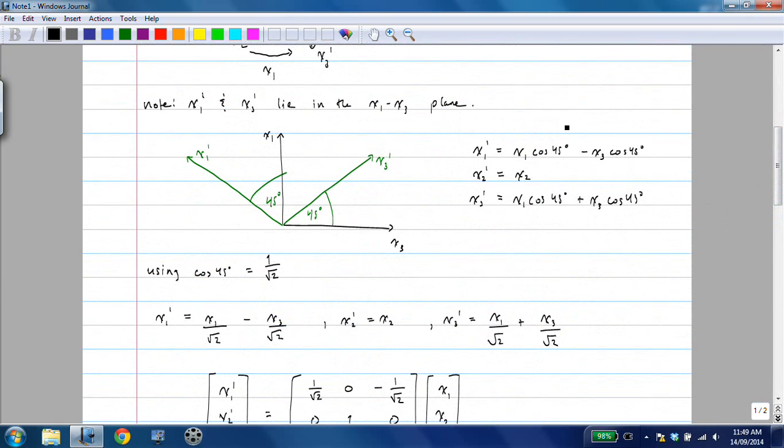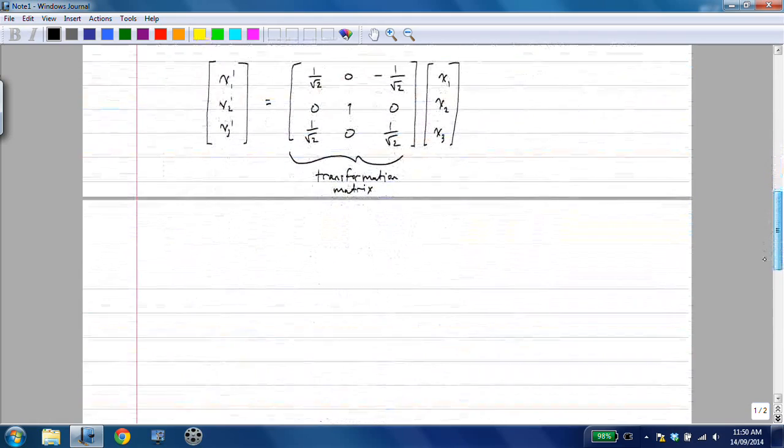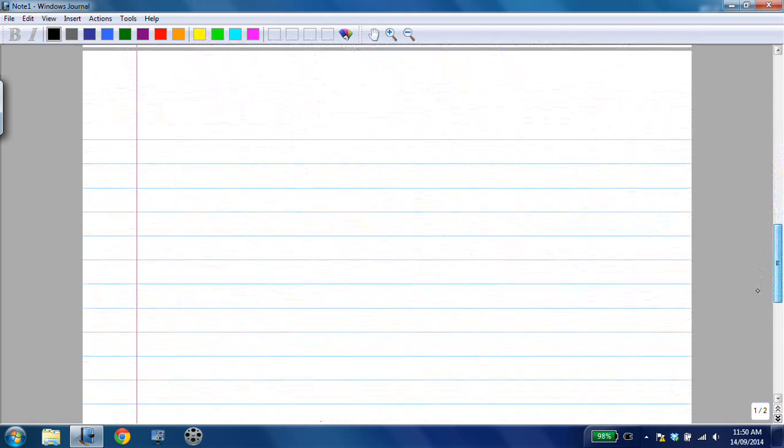And you have to draw this picture out so you can actually visualize what the primes will be built out of, because they'll be built out of the original coordinate system. So you really just have to find the components of your new coordinate system through the old coordinate system. Okay. So that is the first problem that I wanted to go over for this tutorial.